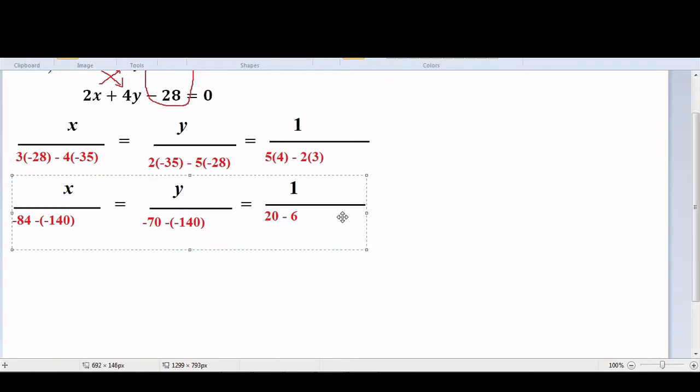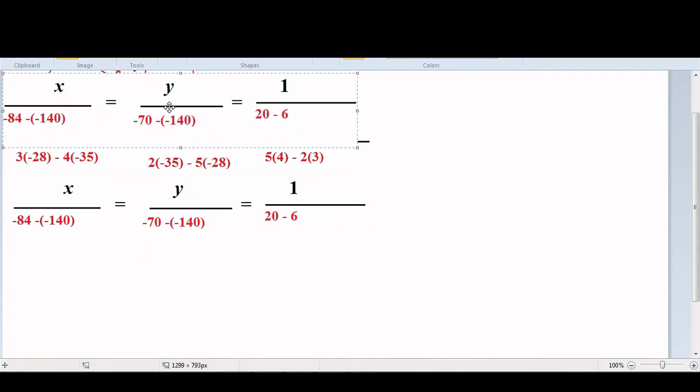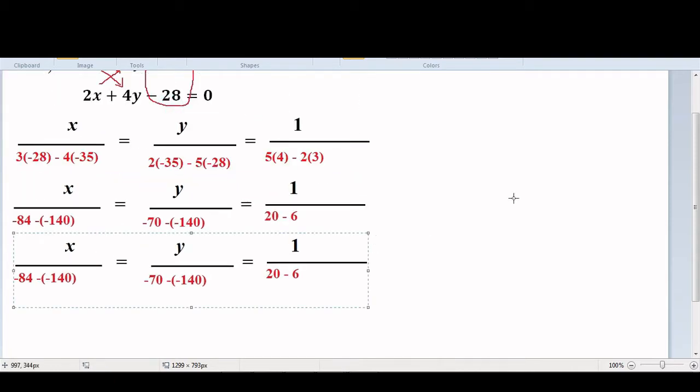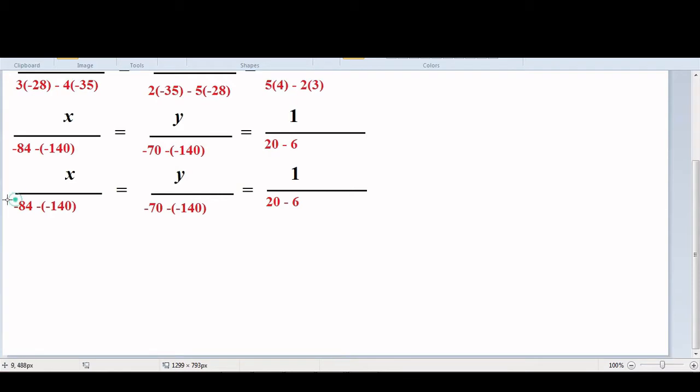Now here let's solve the denominator parts once again. It will be how much? Minus 84 plus 140. It will be how much? Minus 70 plus 140, and it will be how much? It will be 14.